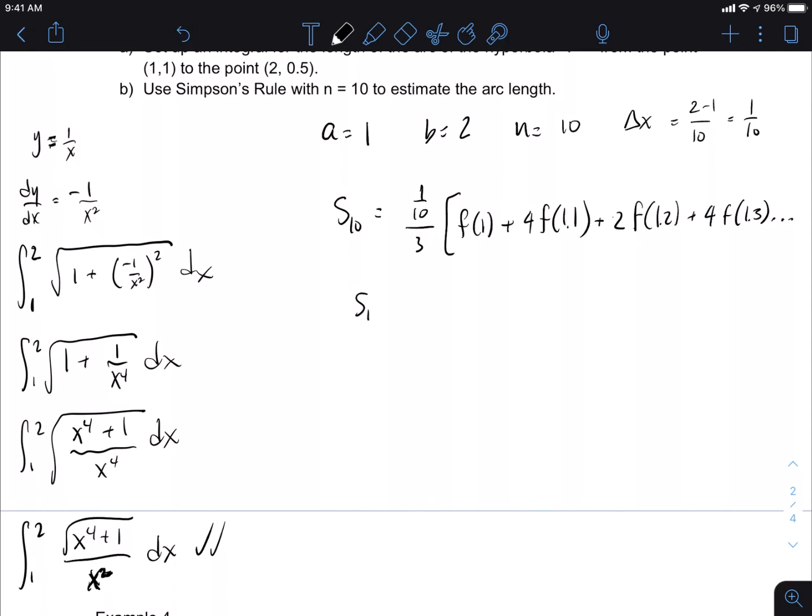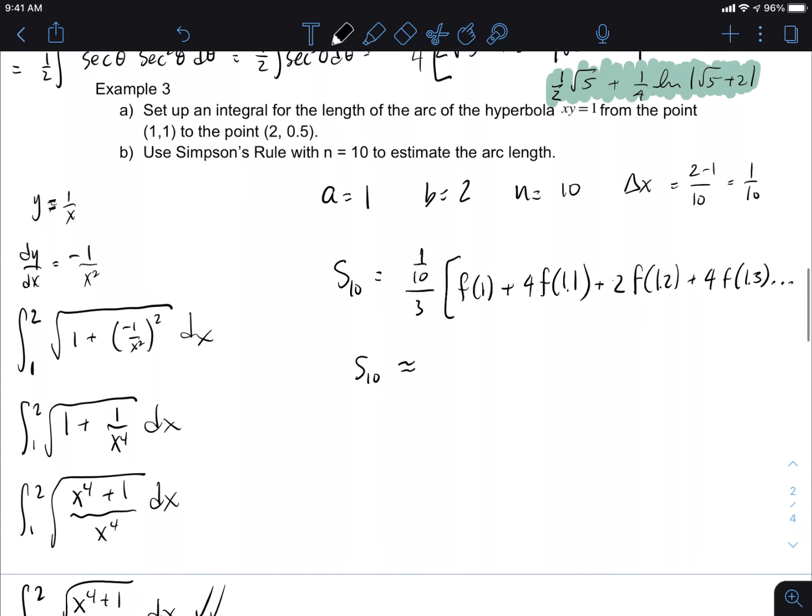And then S sub 10 will approximately be those summed up. And you plug in to get your f of 1, f of 1.1, 1.2 into this equation here. That's important. That's where you're plugging in to get f1, f2, f3, f4. Does that make sense? Yes.